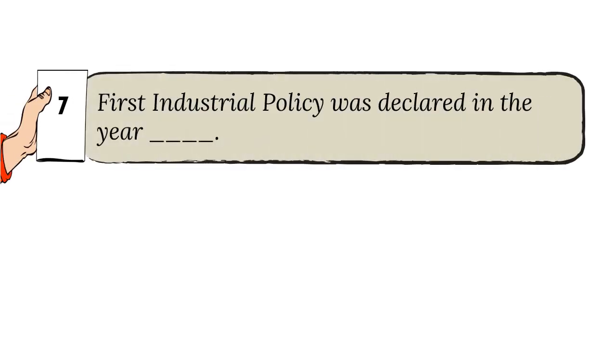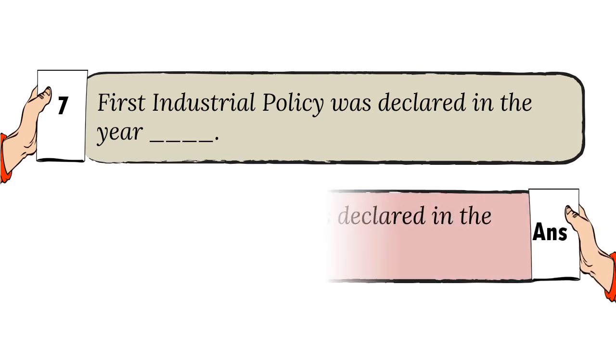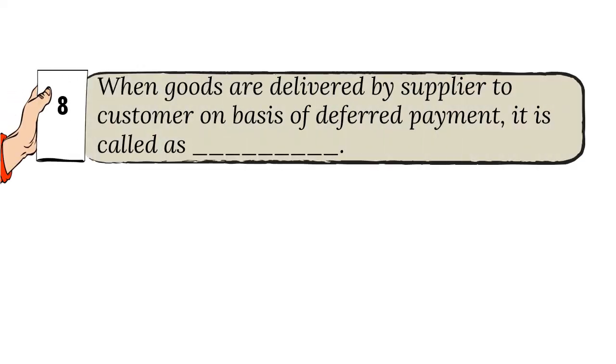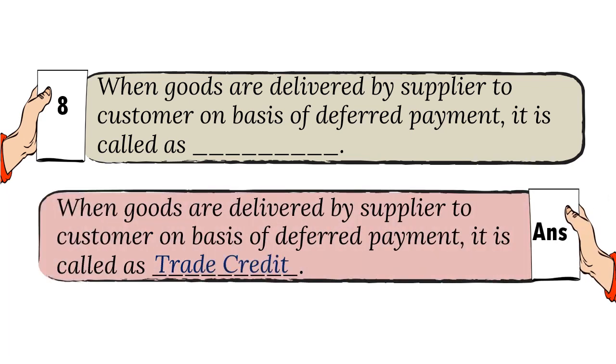First industrial policy was declared in the year dash. And the answer is 1948. 8. When goods are delivered by supplier to customer on basis of deferred payment, it is called as dash. And the answer is trade credit.